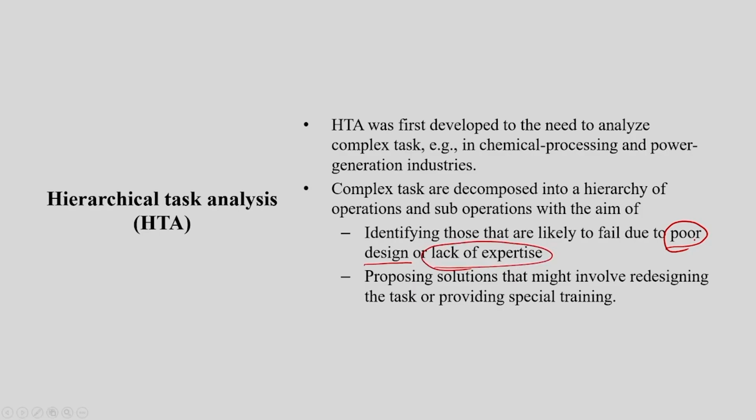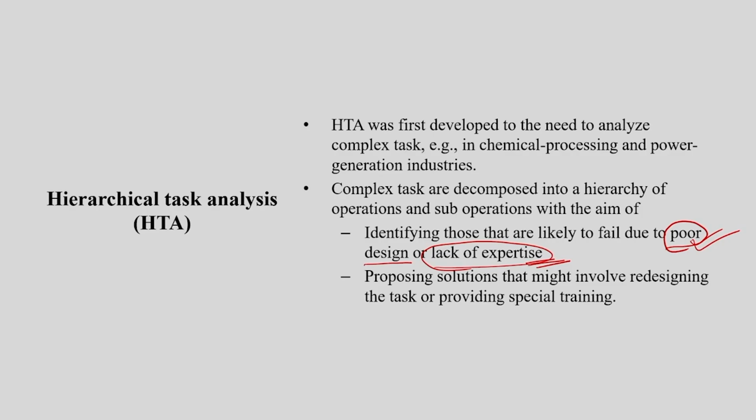When we are talking about poor design, if we can really identify it, we get a direct indication that if we improve that particular design, of course my whole performance will go up. Whereas, when we are talking about lack of expertise, we need some kind of training program, information and better system design, so that there is less dependency on experience and expertise.